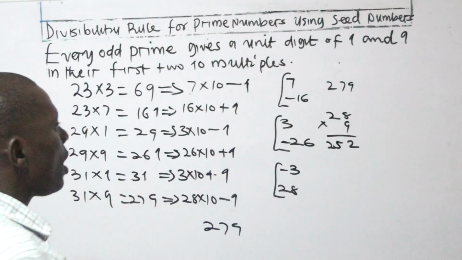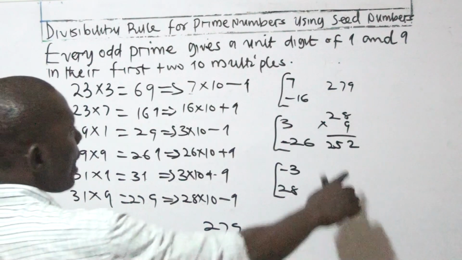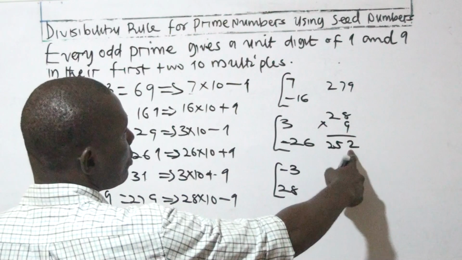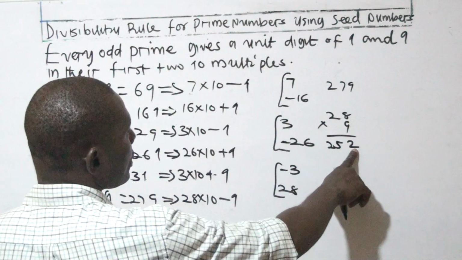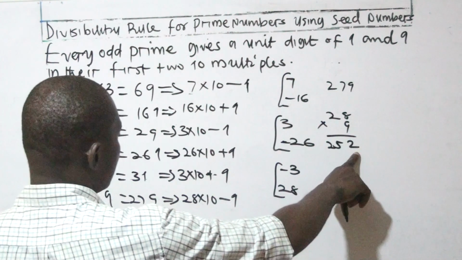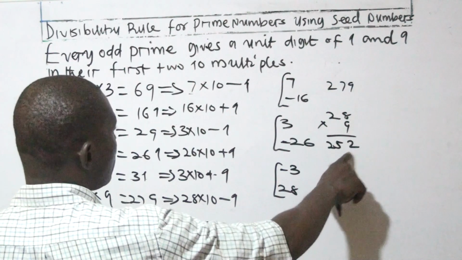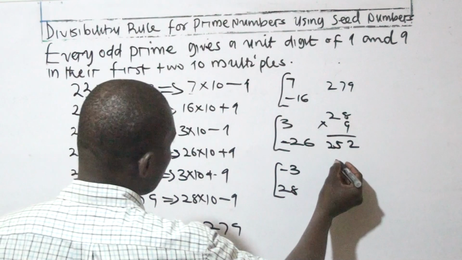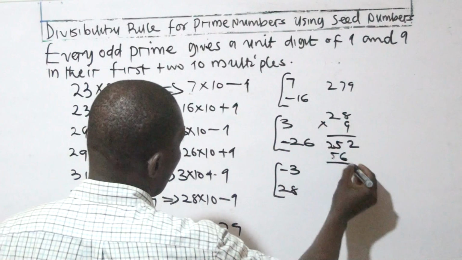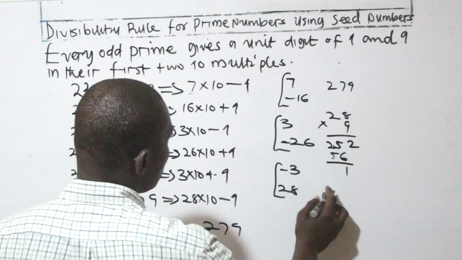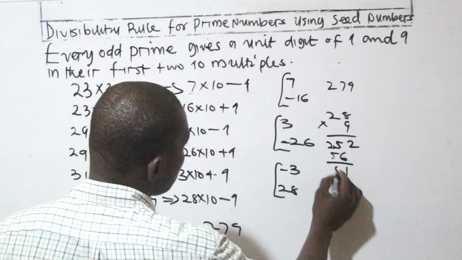Now multiply this by 9: 2 times 28 is 56. Add this, 1 plus 7, gives 81.